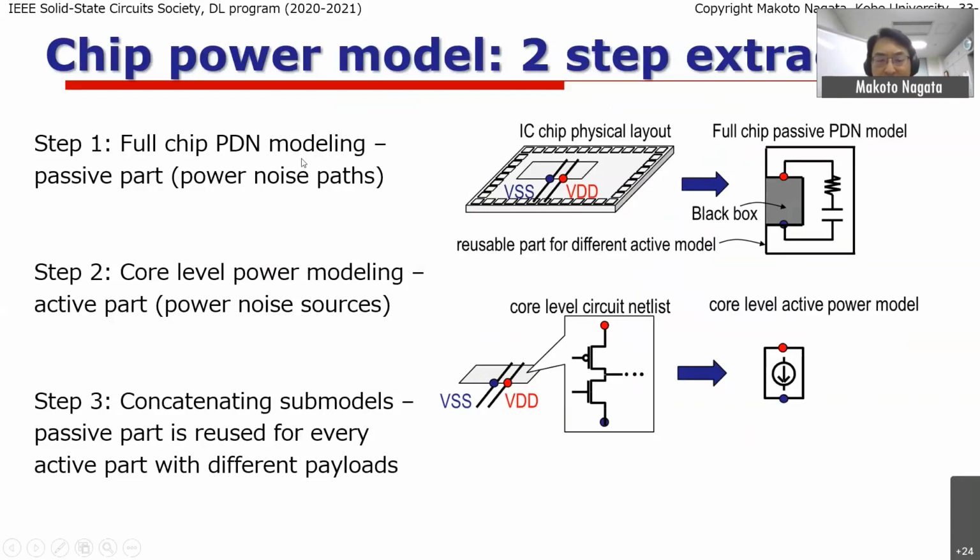This means the passive part of the model can be extracted in step 1. And step 2 is the power models for the cryptographic engine like AES. The two models can now be decoupled. That means we can reuse the passive part of the model for the different active models. This will accelerate the modeling time.